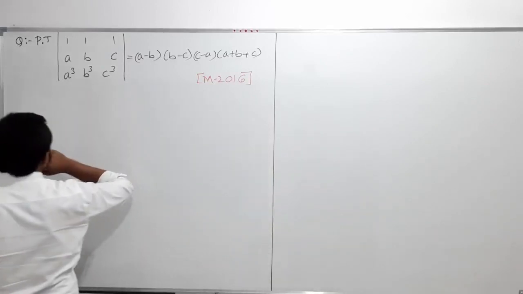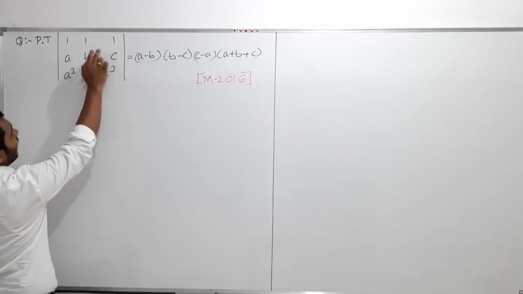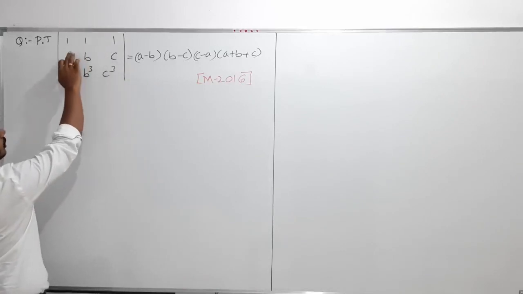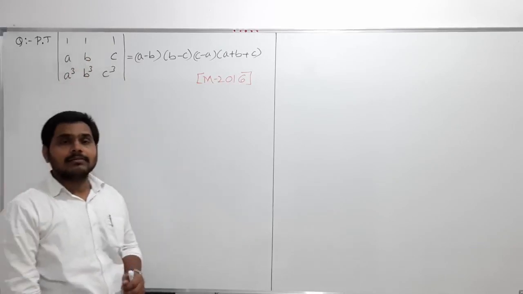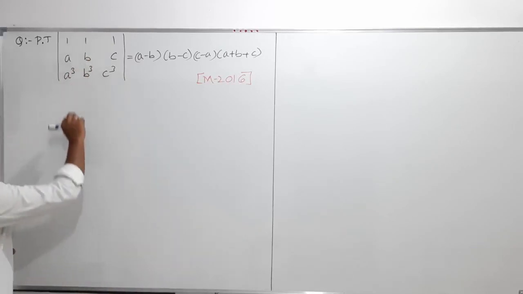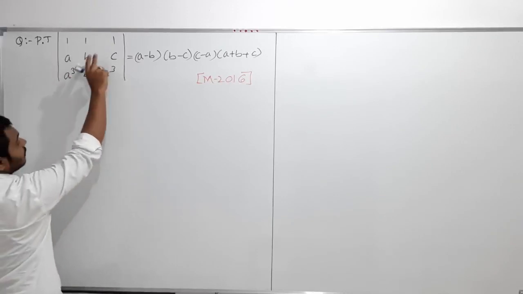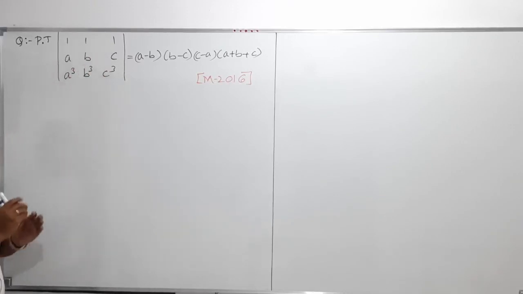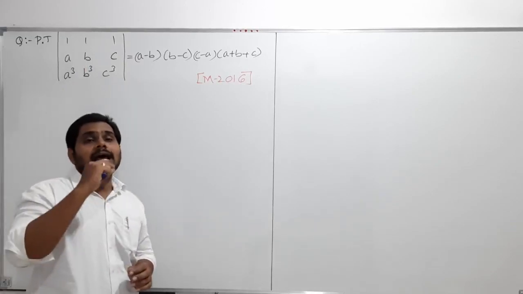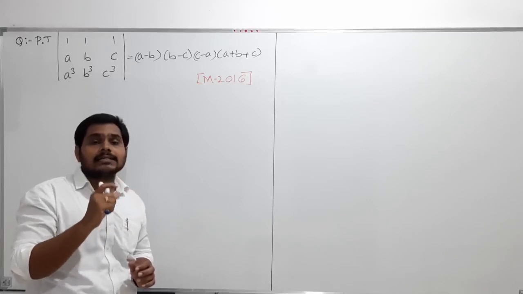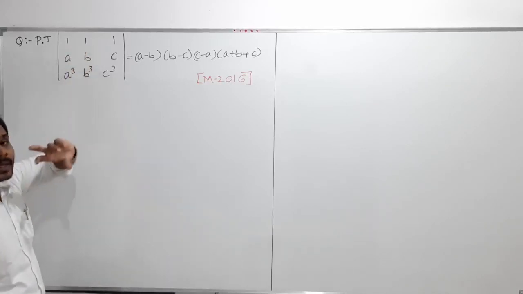Before solving this, what I told you is that whenever you have the elements 1 1 1 in any row or column, try to subtract and make the elements there 0. Because if you subtract, 1 minus 1, you will get 0.